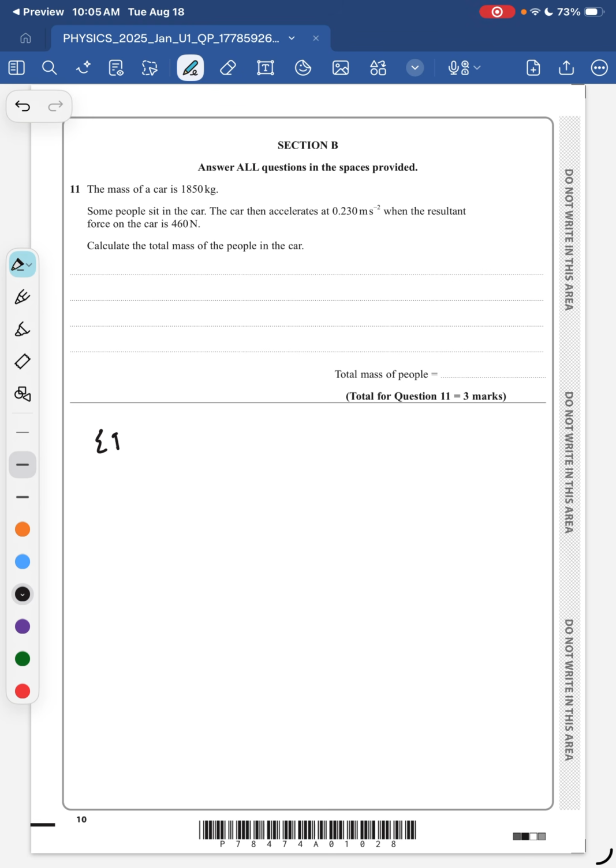Okay, so the resultant force is going to be equal to the mass of the car plus, let's call it capital M, the mass of the people, times the acceleration. So m plus M is sigma F over a, right?